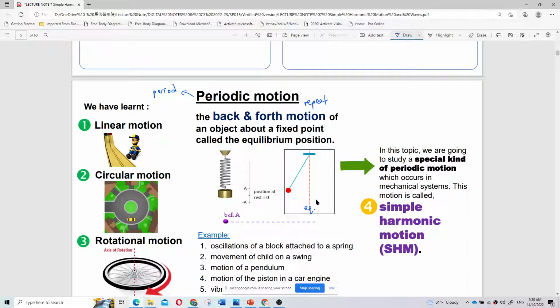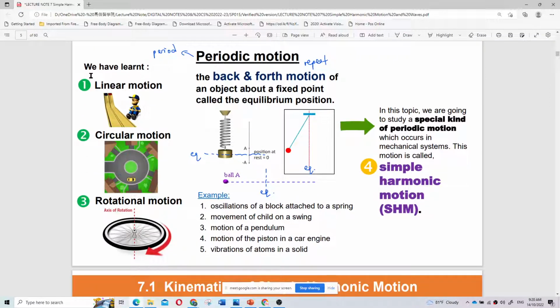Let me write. This ball also oscillates back and forth, so equilibrium is at the center. So this equilibrium position is a fixed point, where the things oscillate just around this fixed point.